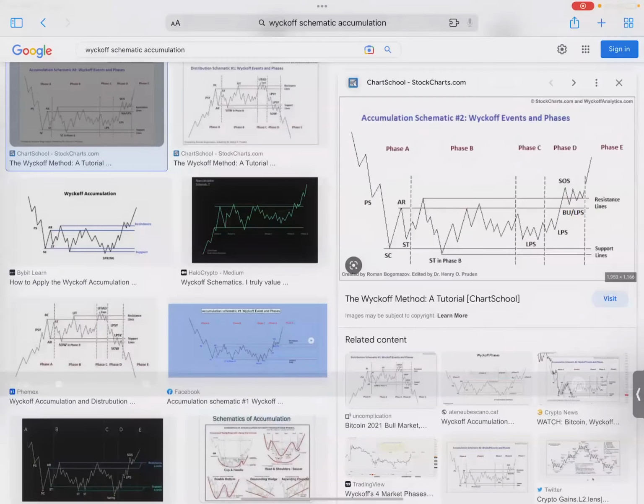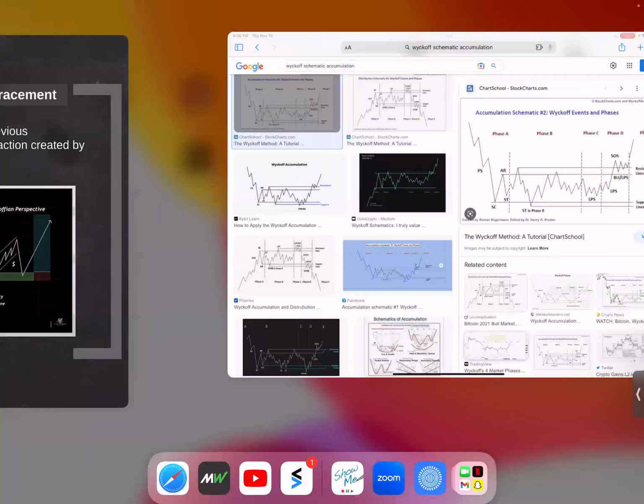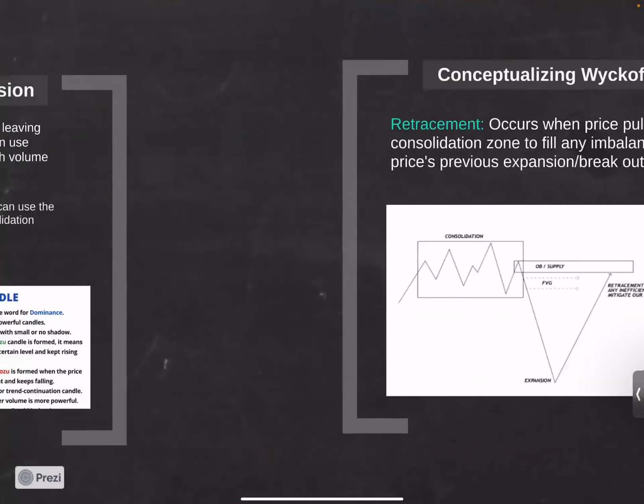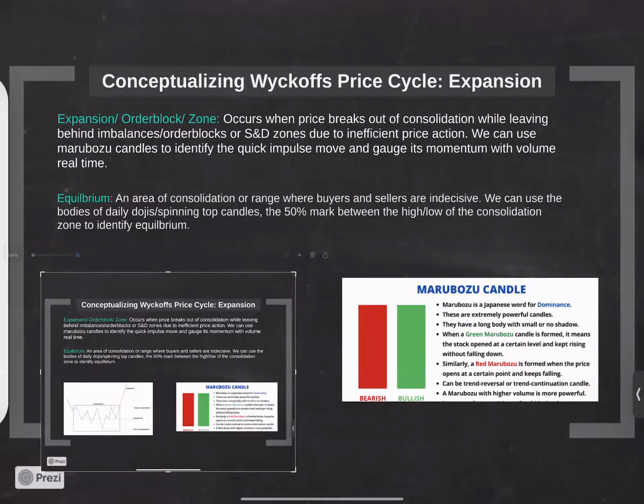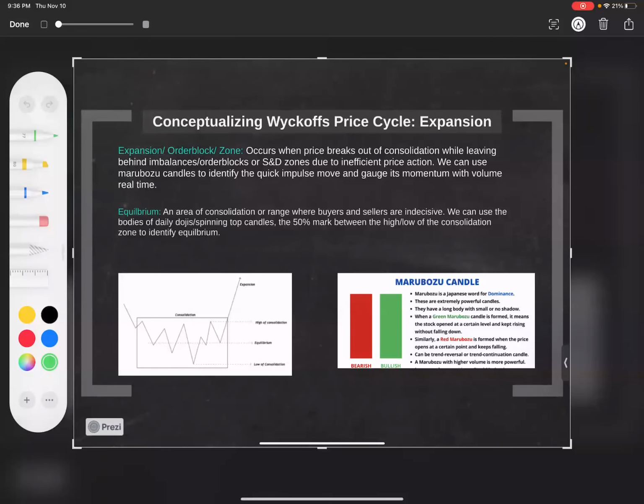So earlier, we talked about waiting for that Marubozu confirmation after being in a strong downtrend. Price is clearly in a downtrend. We see price break trend. That is going to be phase B for me.